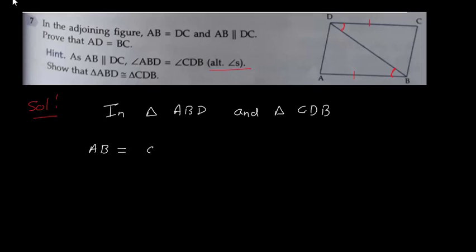So let us do the solution. Now I will say in triangle ABD and triangle CDB, in these two triangles, side AB is equal to side CD, this is given.